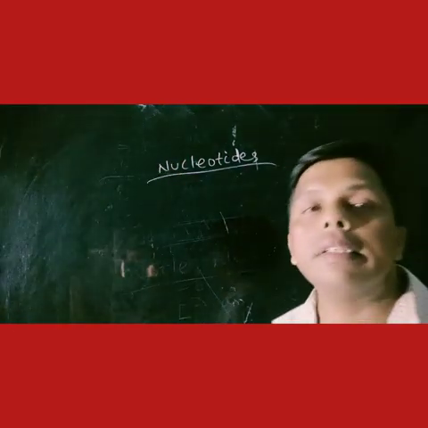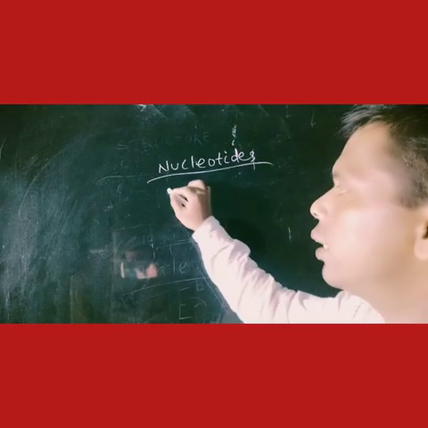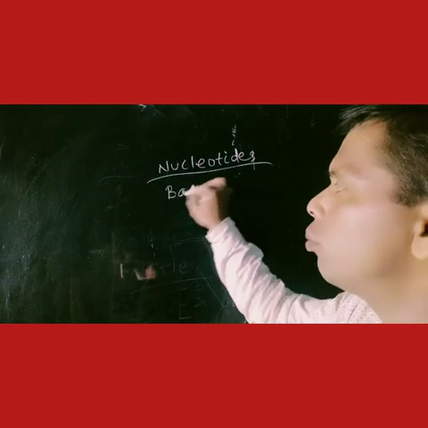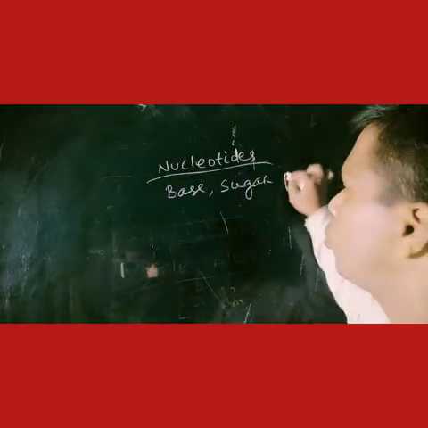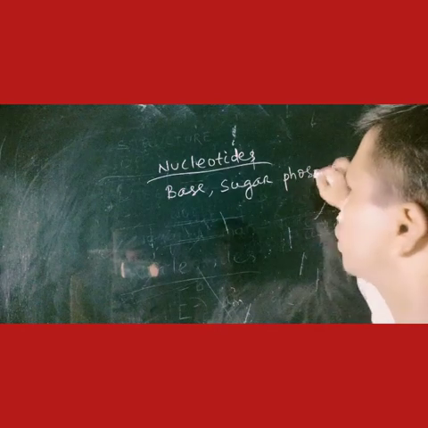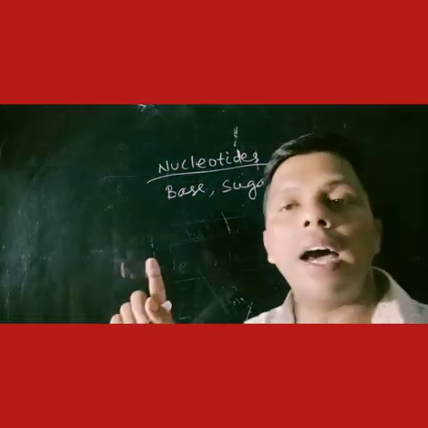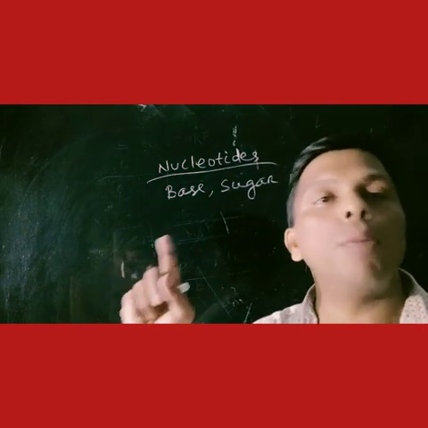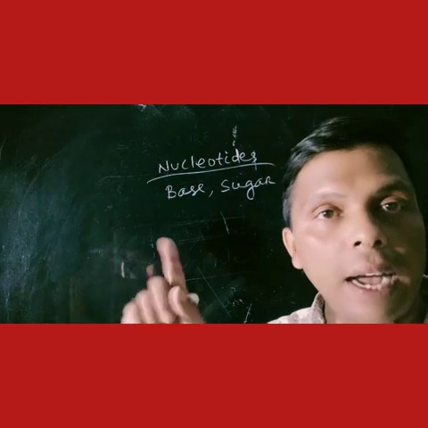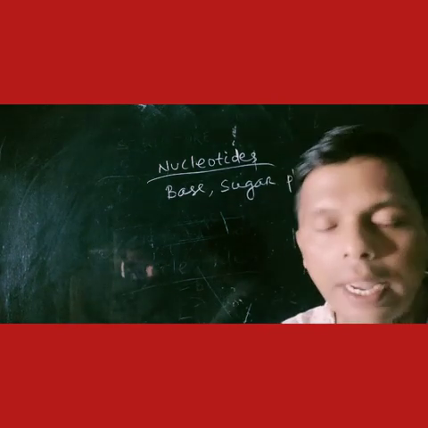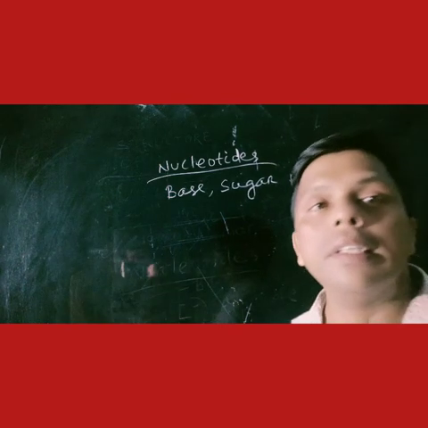The chemical analysis of nucleotides shows that these are formed of base, sugar, and phosphoric acid or phosphate. These nucleotides are either ribonucleotides, which are present in RNA, or deoxyribonucleotides, which are present in DNA.